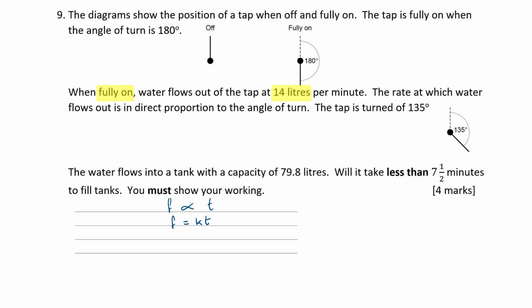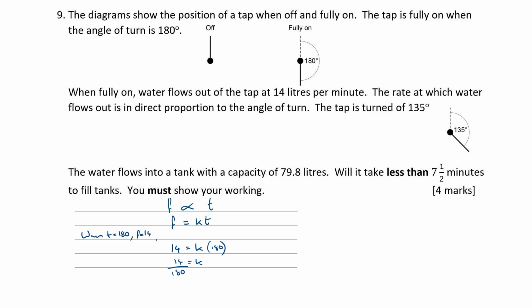So when T equals 180, F equals 14. Let's sub those two values in. So 14 is going to be k lots of 180. And that makes k 14 over 180, doesn't it? k equals 14 over 180.